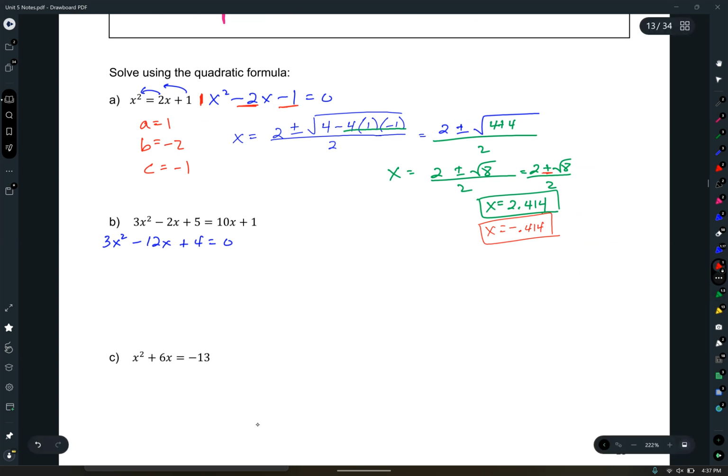Now, you don't have to write out down the side like we did up here, labeling A, B, and C. If you want to, that's fine, because I know this is my A, the B is in front of the x, and the C is over here.